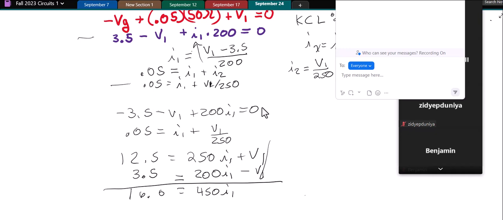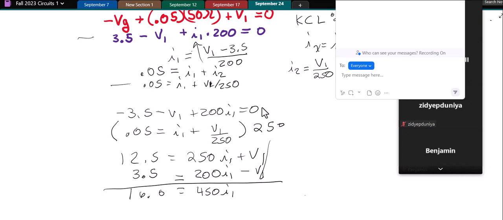I2 is V1 over 250, that looks fine. Then, wait, why is it 250 I1 again? Say that again? 250 I1. 250 I1 right here, because I multiplied this equation through by 250.